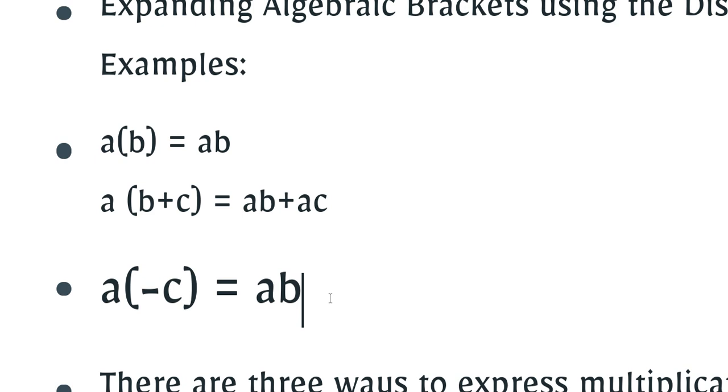In other words, if we had 2 times negative 2, what would you get? Negative 4, right? So you put a negative sign there. So if I told you that we have now negative C, not positive C, would we still have a positive AC or a negative AC? Negative AC. There you go.